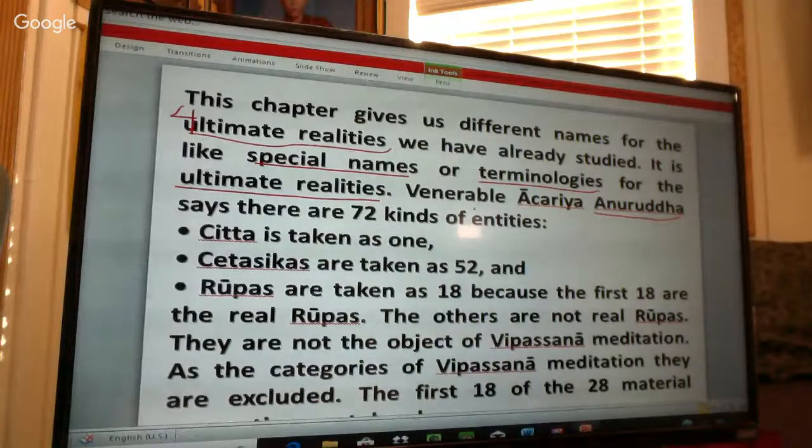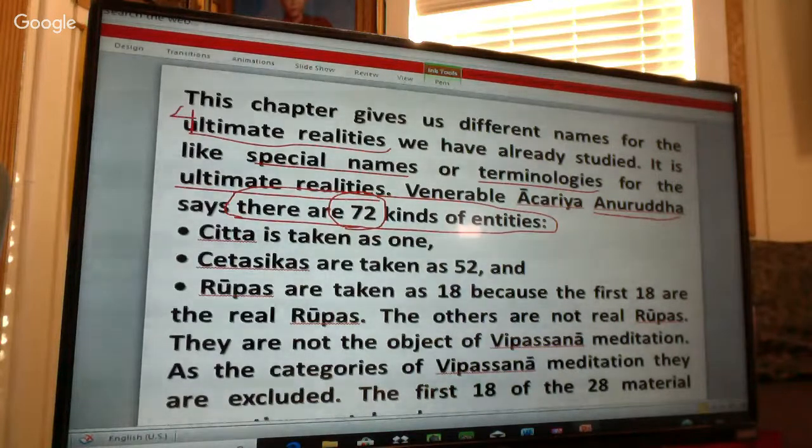That's why Venerable Ācariya Anuruddha, who made the Abhidhammattha Sangaha, the very popular monk, says there are 72 kinds of entity. Only 72. This is in a different approach. Different approach means emphasizing the characteristic of the phenomenon. The view is from the characteristic, not other.